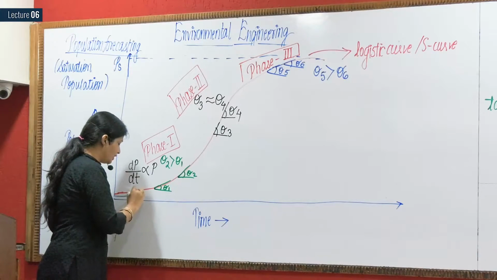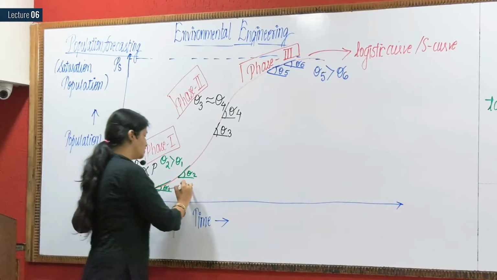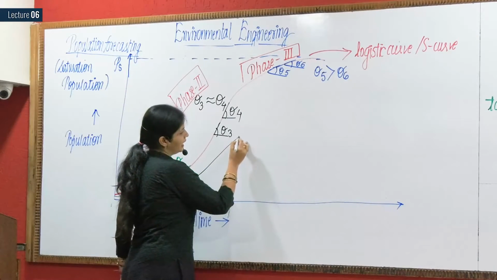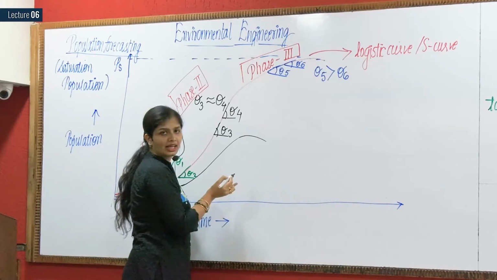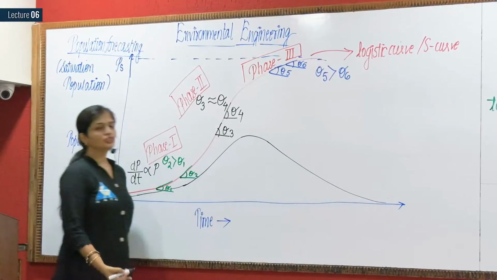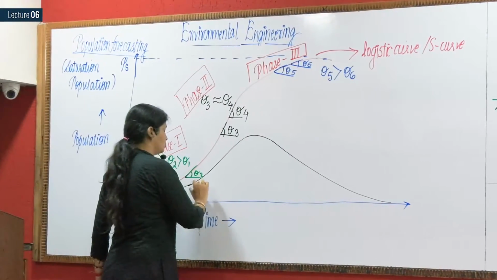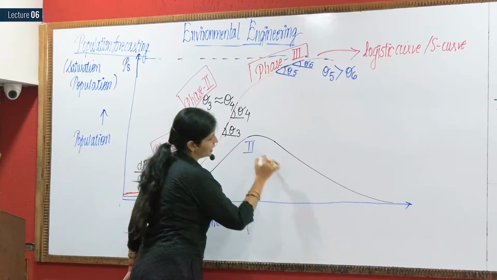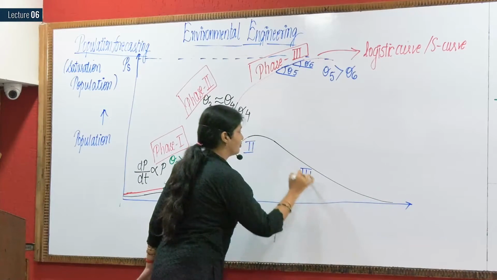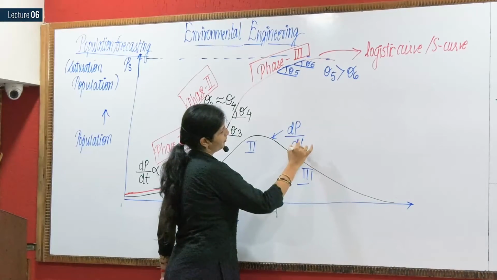In this graph, initially dp by dt increases. Then it almost remains constant. And then what will happen? Its value decreases. So this is the graph of dp by dt. Here, this is phase 1, phase 2, and this is phase 3. This is the graph of dp by dt.